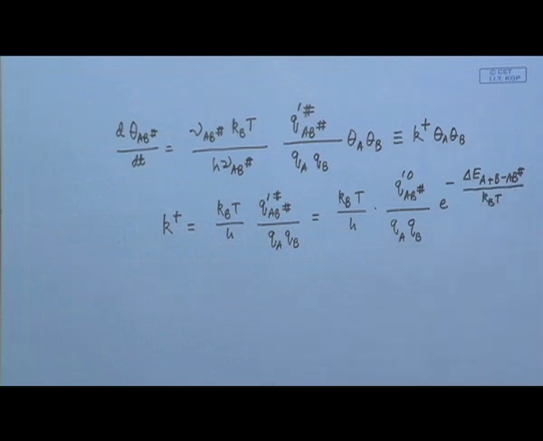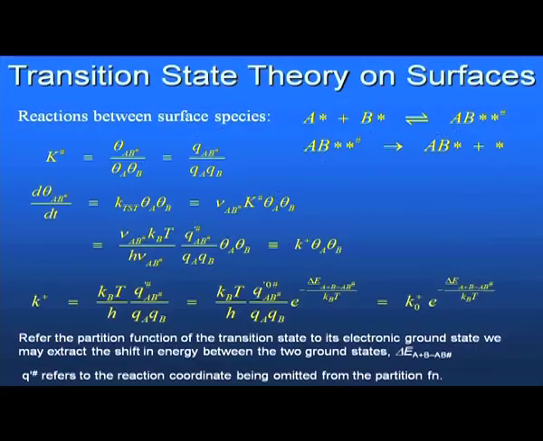So, we refer here the partition function of the transition state to its electronic ground state, and we may extract the shift in energy between the two ground states by this much, delta E A plus B minus AB double dagger or AB pound.